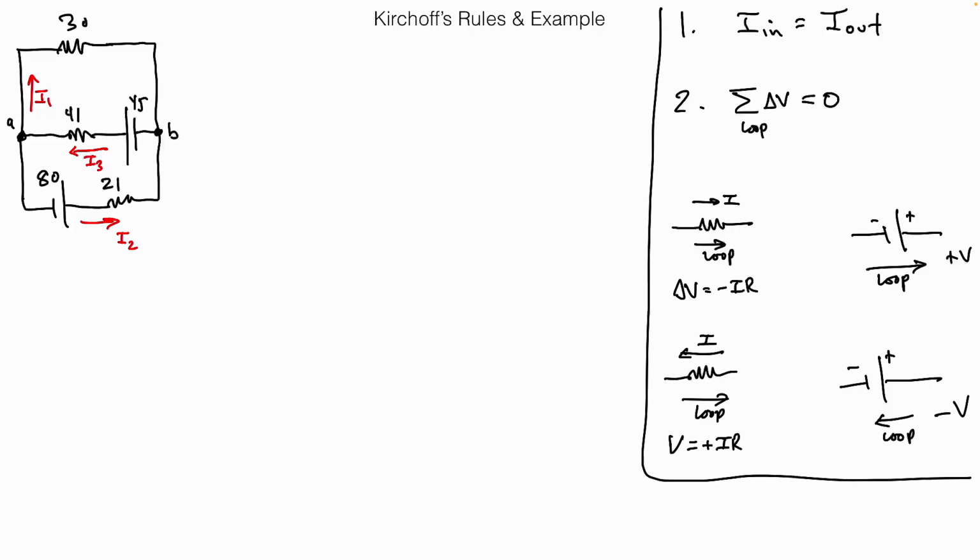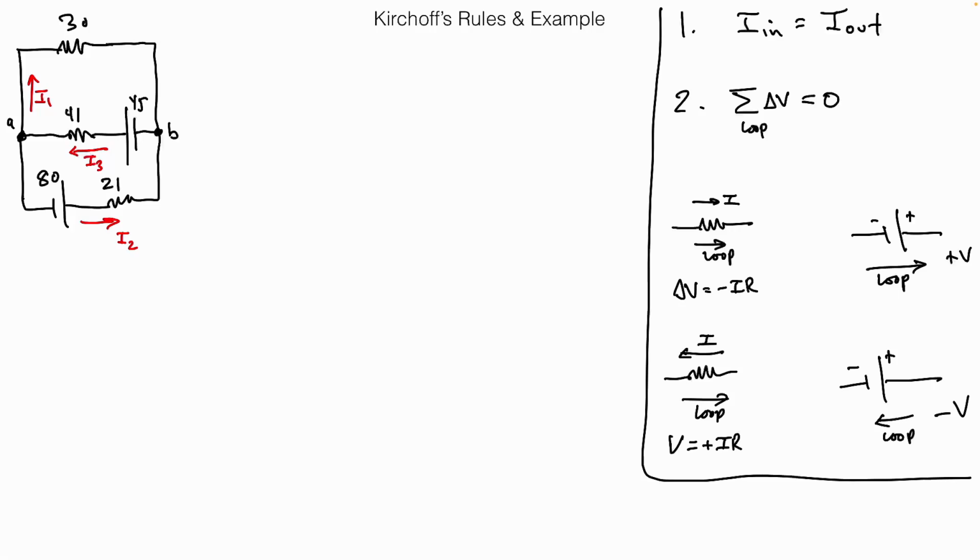The reason I picked I2 going to the right in that bottom branch is because I like to look at the battery. Batteries cause potential and charge to flow, so the battery's going to be pushing to the right down there, isn't it? So I just went with the battery. Same thing with the middle branch, I3.